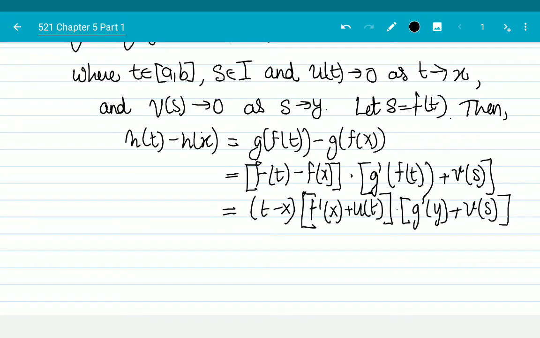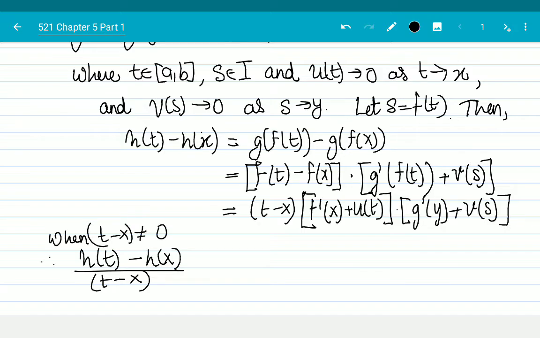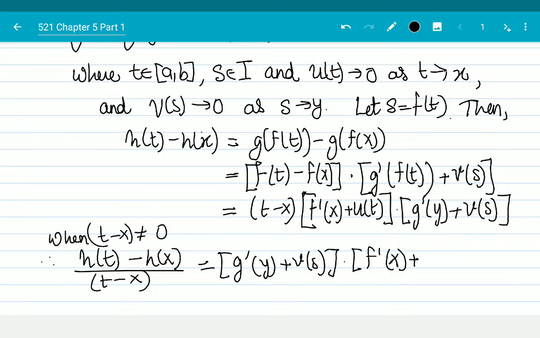and therefore as t minus x goes to 0, h of t minus h of x over t minus x, when t minus x is not equal to 0, is equal to g prime of y plus v of s multiplied by f prime of x plus u of t.